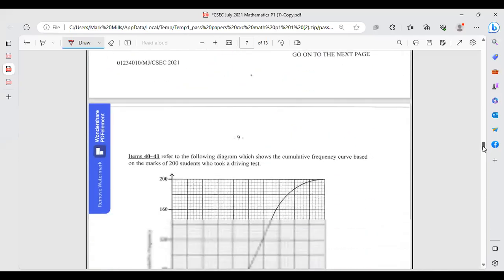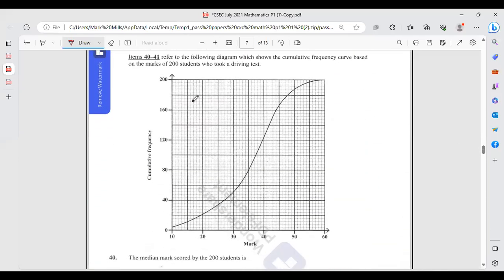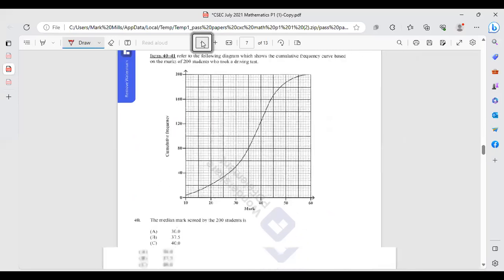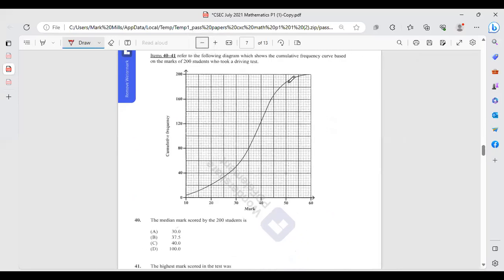So we go to that. Now, this one kind of big. They want to find a median here. How do I find a median? Anybody remember how to find a median, given the graph? The middle number. Middle where?